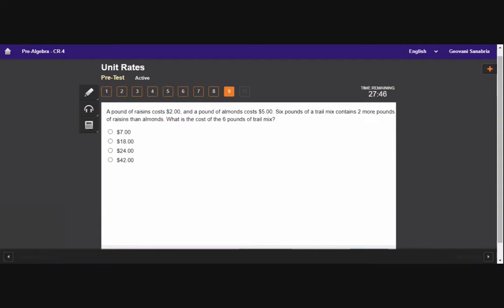Think about it like this. What's one way you can take some number of pounds for the raisins? Pick a number. Can't go over 6. 5 pounds. Okay, so if there's 5 pounds of raisins and the whole thing has to be 6 pounds, how many pounds of almonds are there?